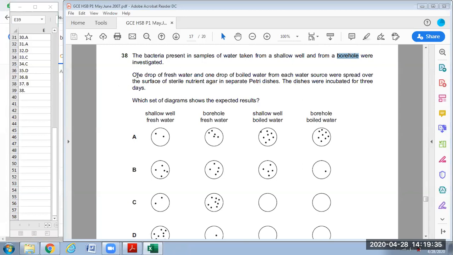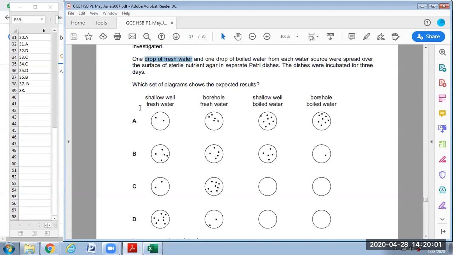All right. 1 drop of fresh water and 1 drop of boiled water from each water source was spread over the surface of sterile nutrient agar. So you boil the water from the shallow well, you boil the water from the borehole, and then you drop it separately. Shallow well, fresh water: you have some bacteria here.